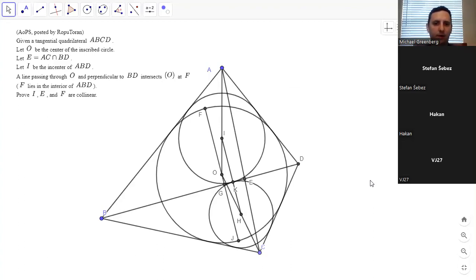But yeah, this problem looks kind of familiar. Like I feel like we've done it in some previous session, but I think Khan or one of the people from Vietnam had a solution to this.